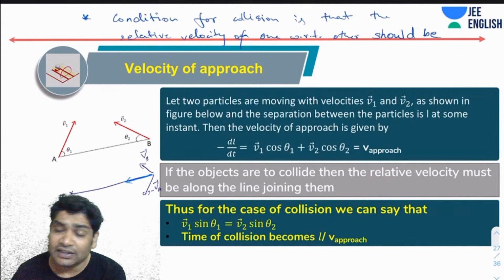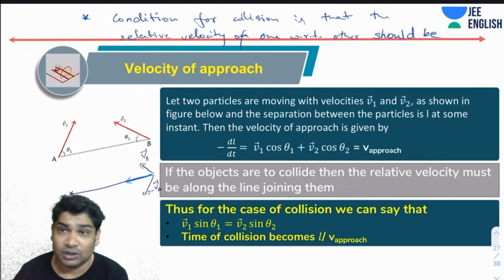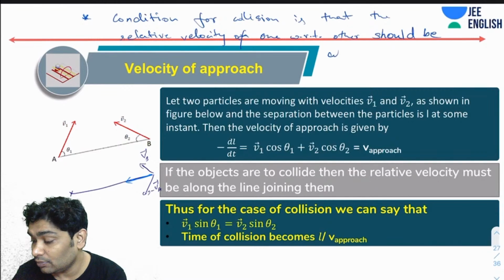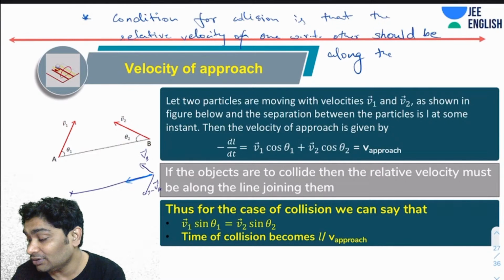Now you could have calculated the relative velocity of any one of them with respect to the other. As long as that is along the line joining both, they will collide.